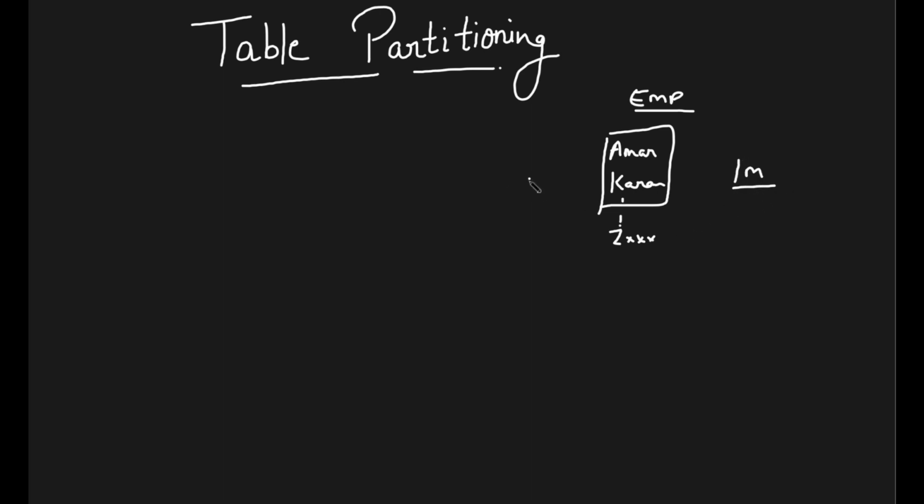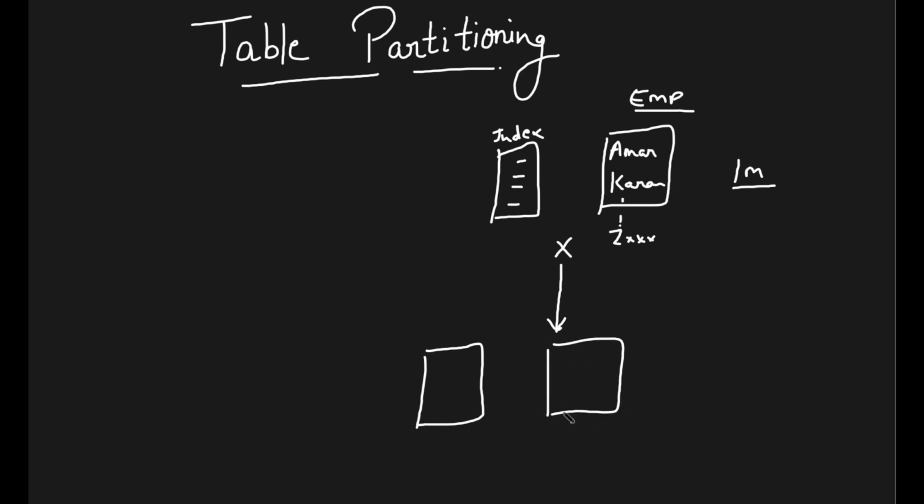Now if you want to search something in this table, with our previous technique you have to maintain an index over this table, which will also contain a number of records corresponding to these original records. So just to solve this problem, what we can do is split this employee table into a number of small tables. Let's say employee one, and I'm just giving some random names to these tables, but you can name them as per your requirement.